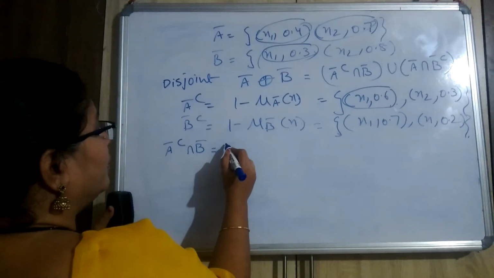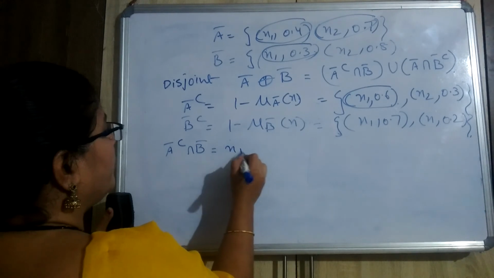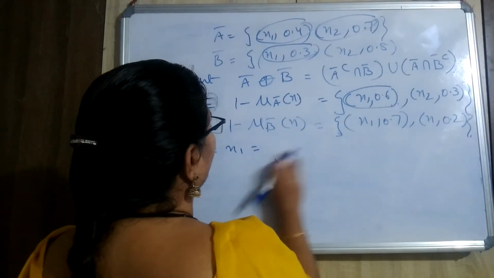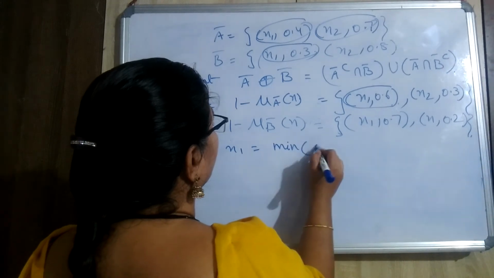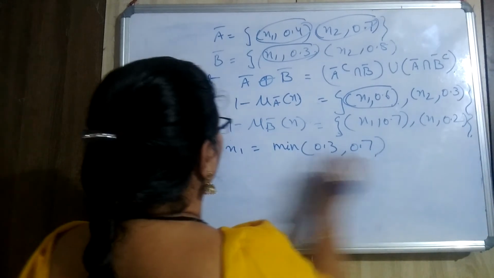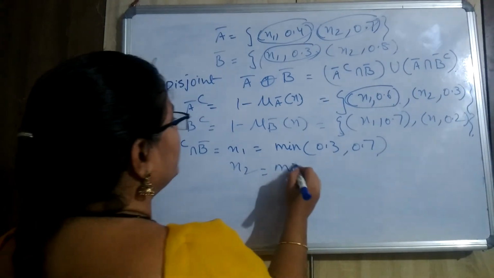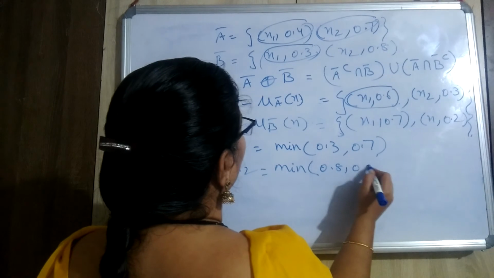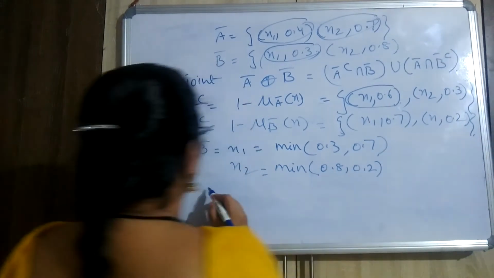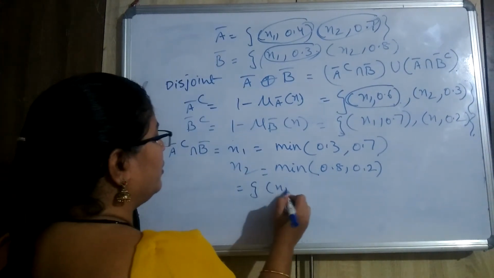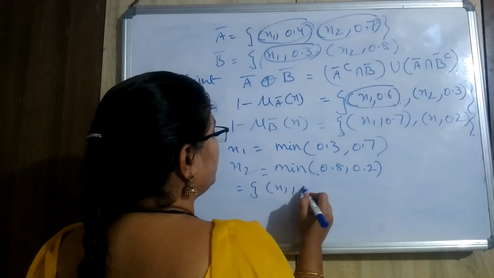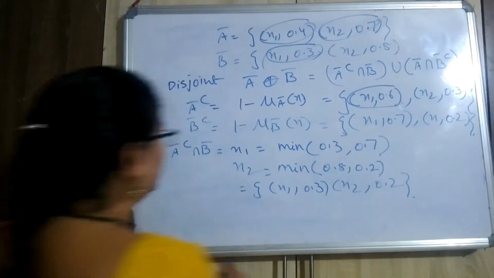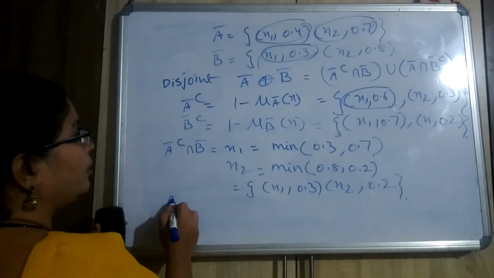At x1, the minimum of 0.3 comma 0.7, and at x2, the minimum of 0.8 comma 0.2. Now the minimum at x1 is 0.3, and at x2 the minimum is 0.2.